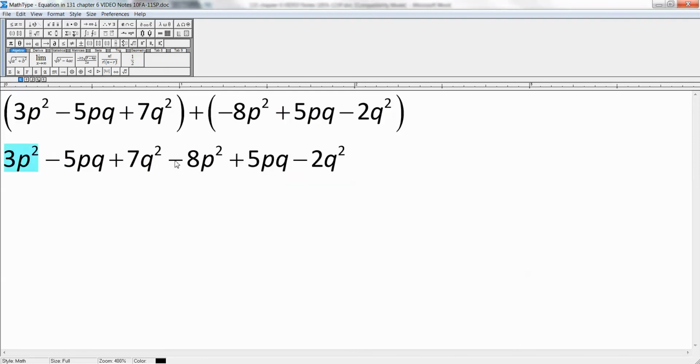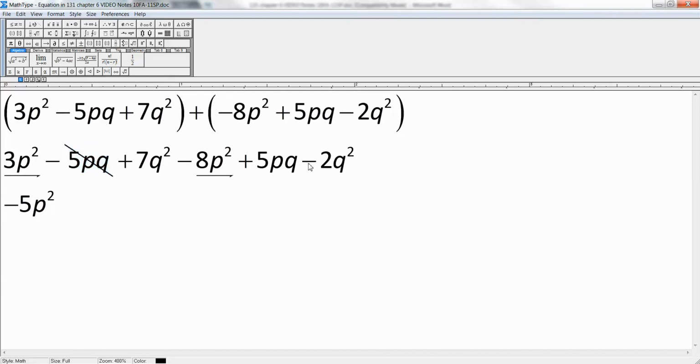I've got the 3p squared and negative 8p squared. Those are like terms. So I'm going to put them together. If you have 3, take away 8, that gives you negative 5p squared. Now I have a minus 5pq plus 5pq.